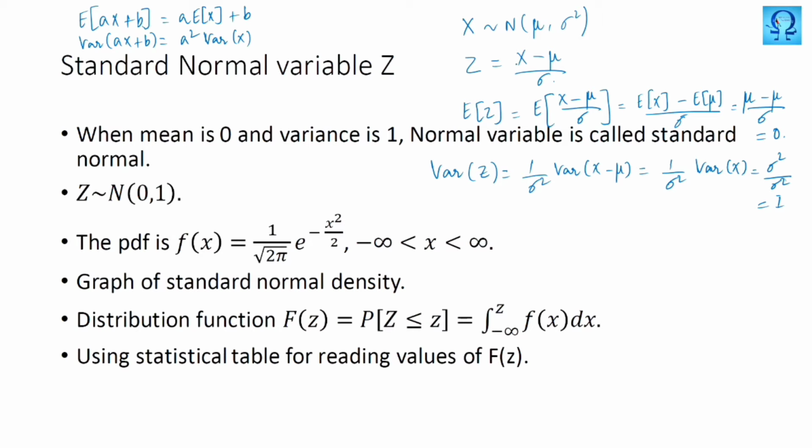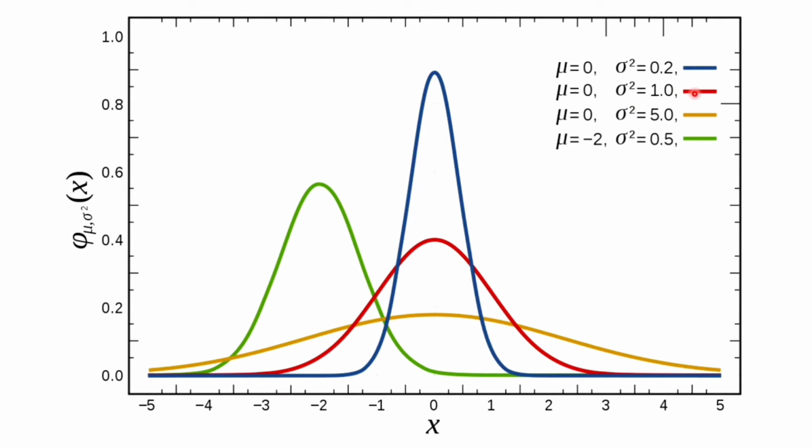When you give this substitution, you are very well able to see that your density function becomes something of this form, where sigma is 1 and mu is 0. Here also you can try to see the graph of the normal density. Here we have shown some graphs.